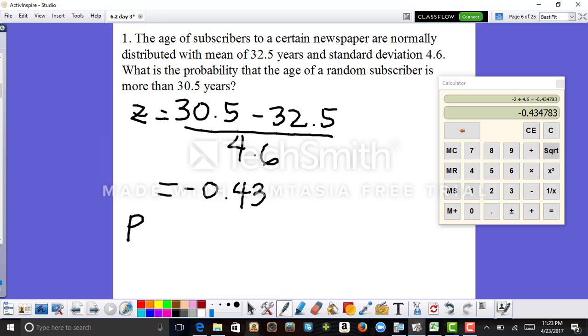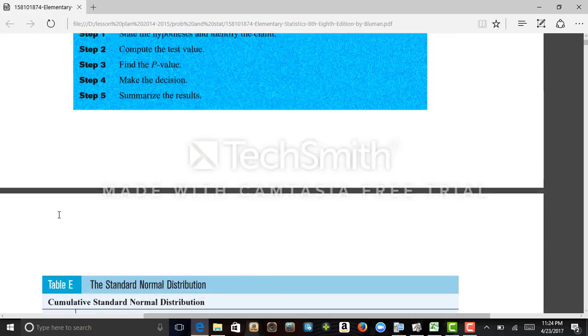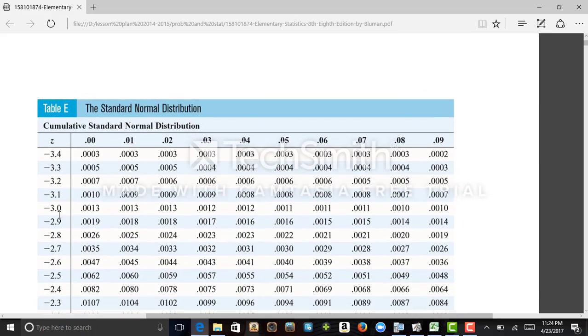On the table of the normal curve, we can only see the probability of z less than our answer, which is negative 0.43. The table of the standard normal distribution here covers the negative z values. On the left side are negative 3.4 and so on, and on the top are 0, 0.1, 0.2 and so on.